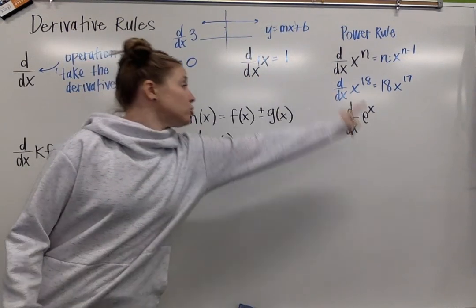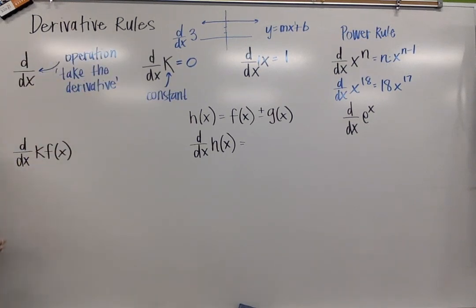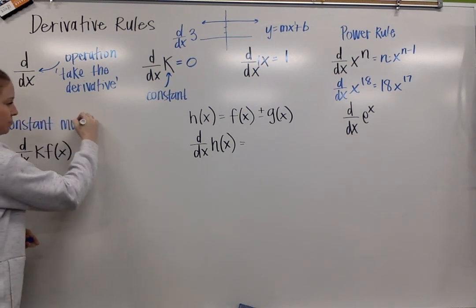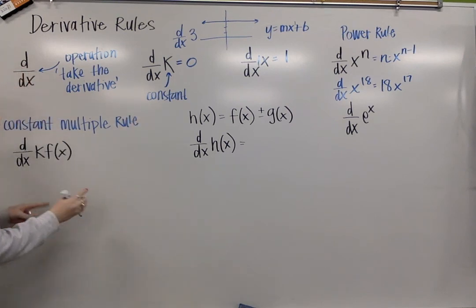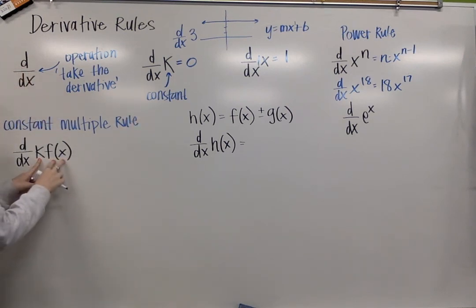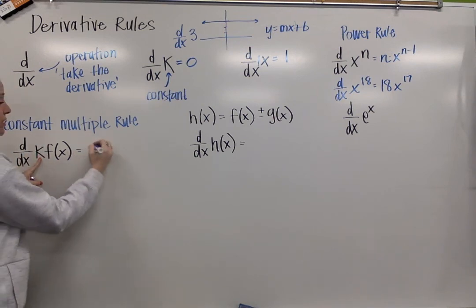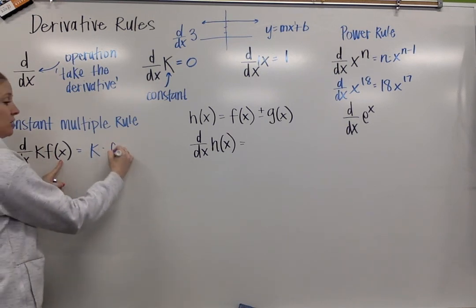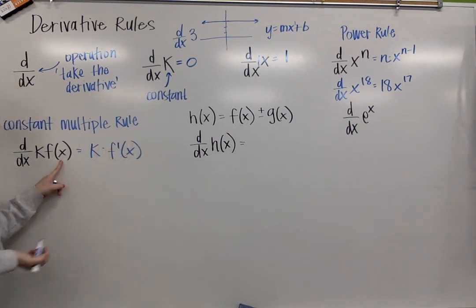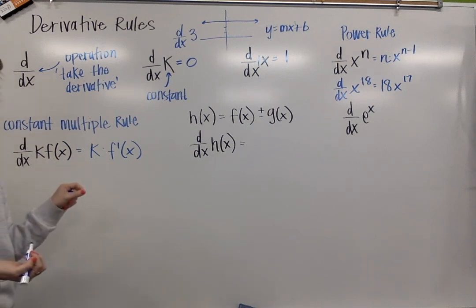So we've got 1, 2, 3 rules. Here's my fourth rule. This is called the constant multiple rule. When I take the derivative of a function, f of x, but it's being multiplied by some constant, the cool thing is the constant's just going to come with us, and we just take the derivative of whatever that function is.